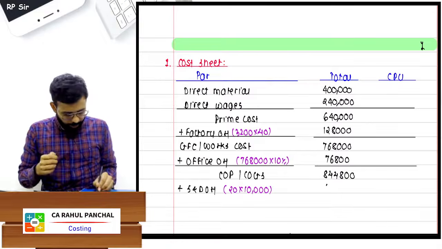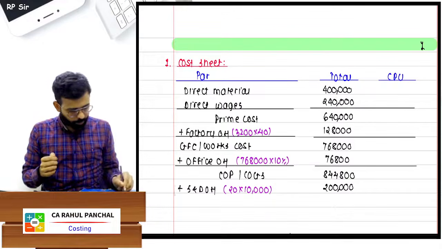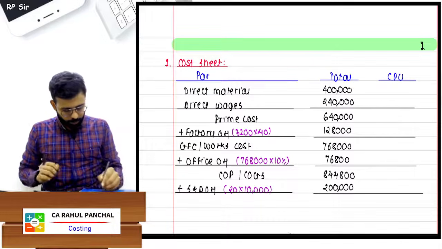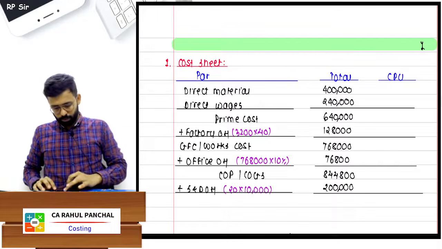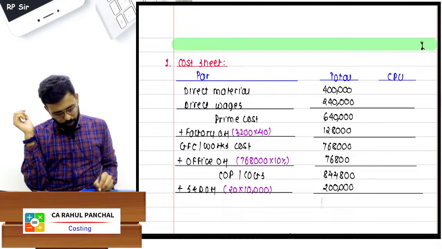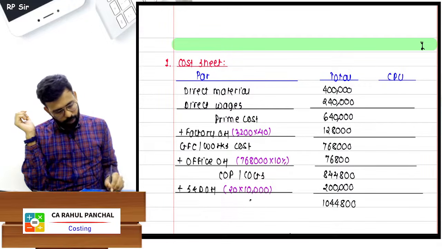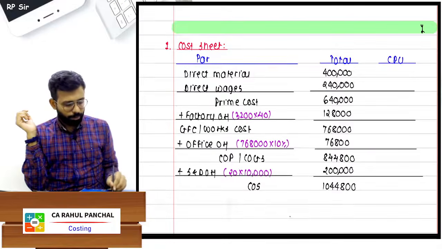That will become 2 lakh. And yes, that will be 10,44,800. This is your cost of sales.